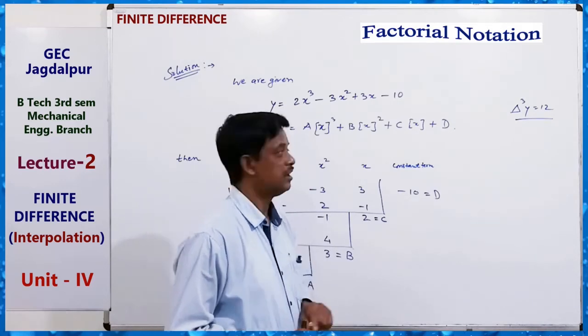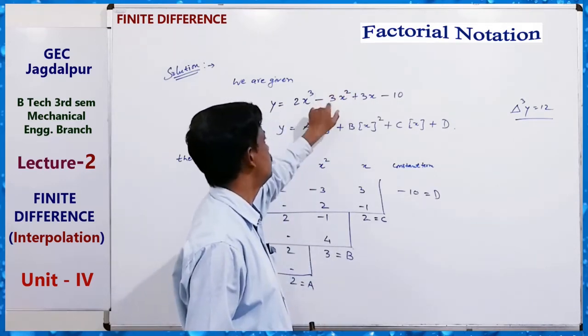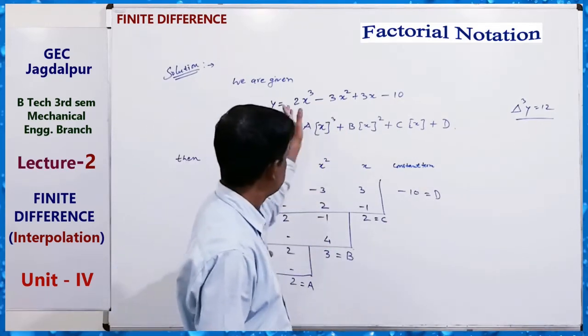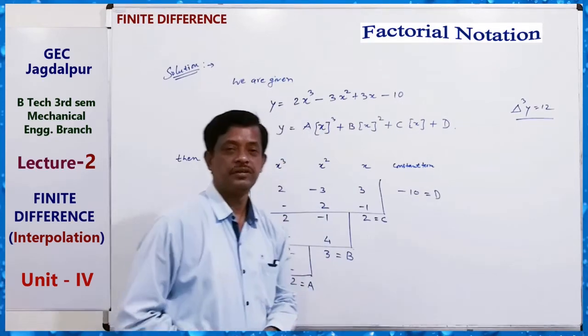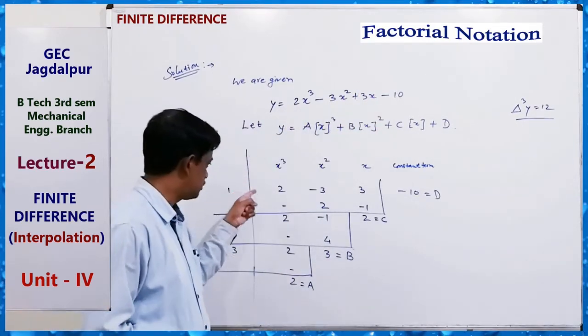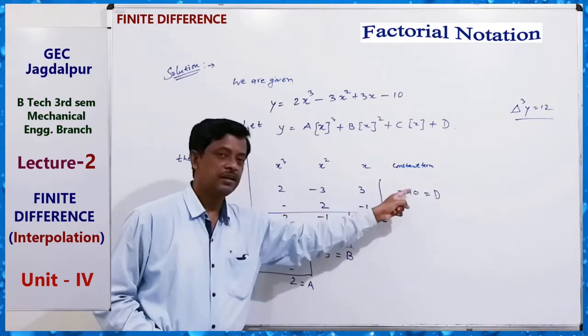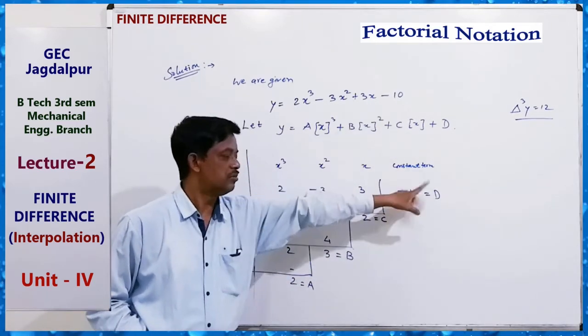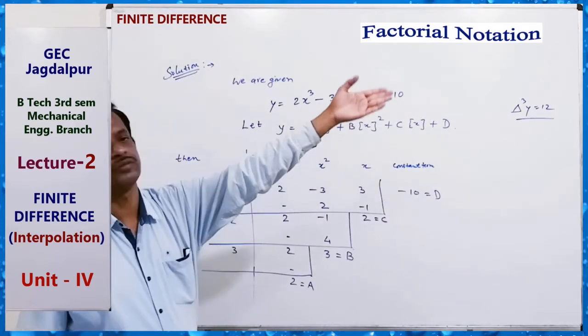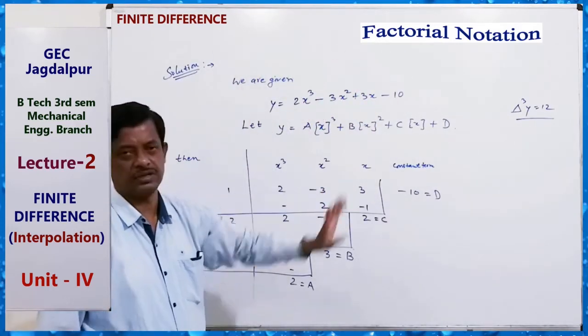Clear? Suppose the x square term is missing, then 0 into x square, and 0 will be here. So just write the polynomial as a descending power of x. Then write its coefficients. The last term, the constant term, will be d. Whether it is third, cubic, fourth, or fifth, one term is the constant term, so that will be the constant term.